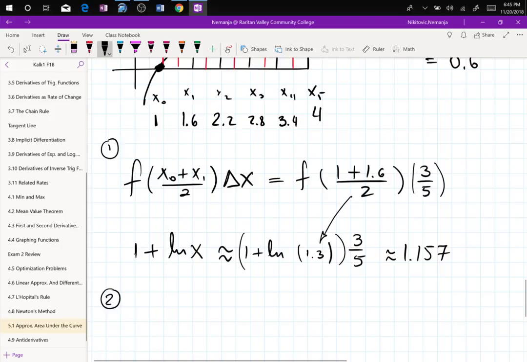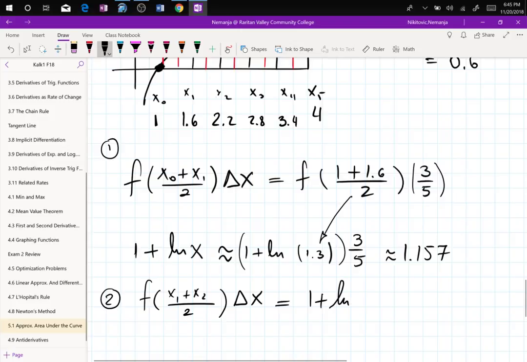So for the second rectangle, what do I have? I have the midpoint at x1 plus x2 over 2 times delta x, right? So that's going to be our 1 plus ln.